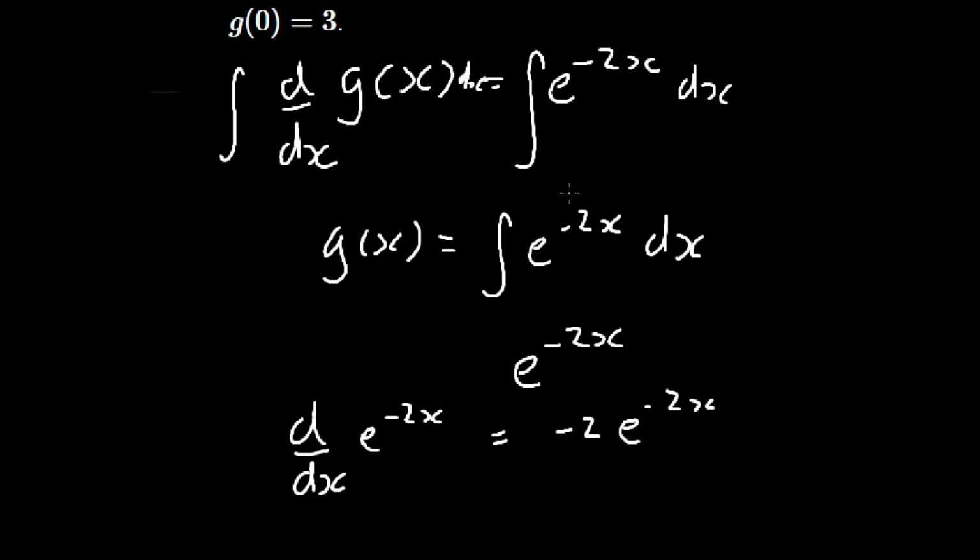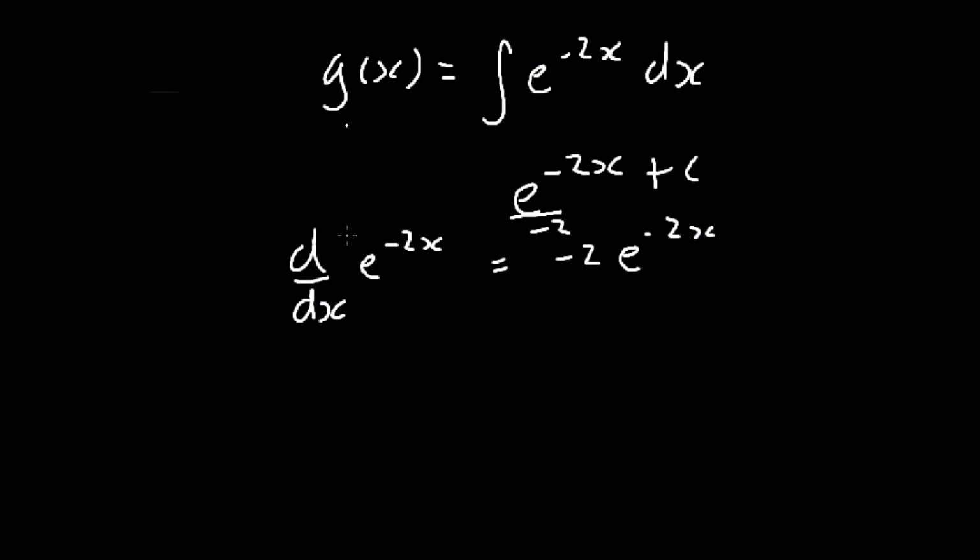So in this case, I have to divide by that minus 2 and then add plus c. So finally, we can say that our g of x is equal to e to the minus 2x over minus 2, plus c, like this.